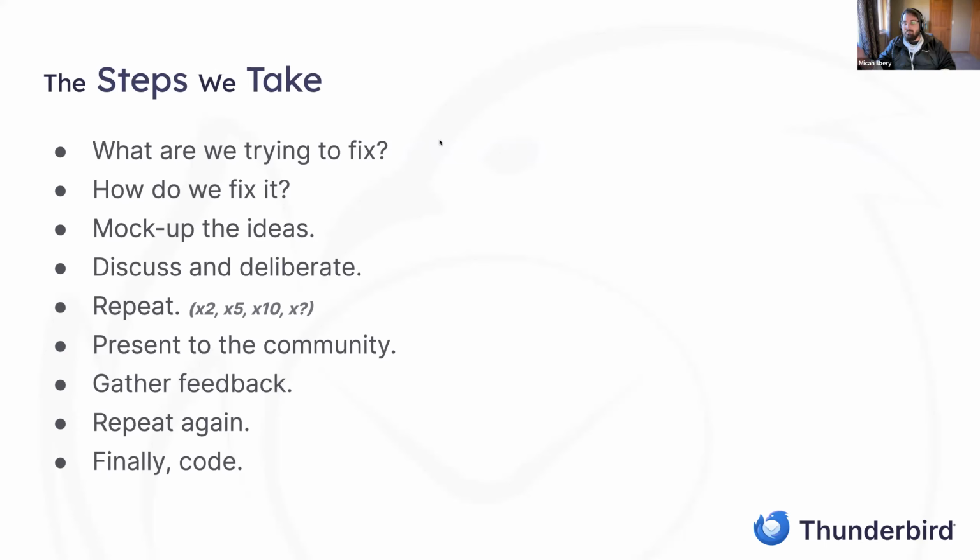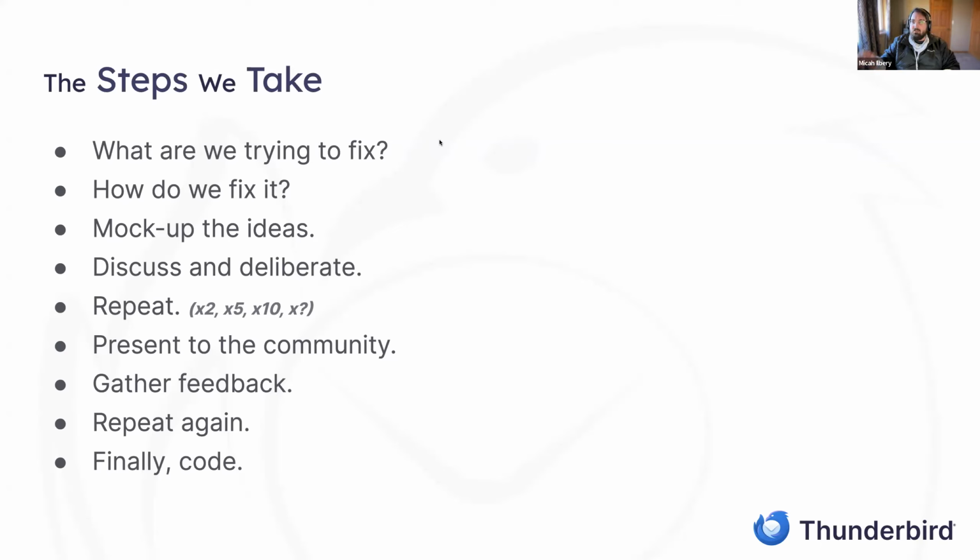You know, what did we miss? Did we miss a use case that we weren't thinking of? What do we get from that? Then we take all that feedback and try to find the common themes. What are a lot of people saying about this? What are the issues they're running into?